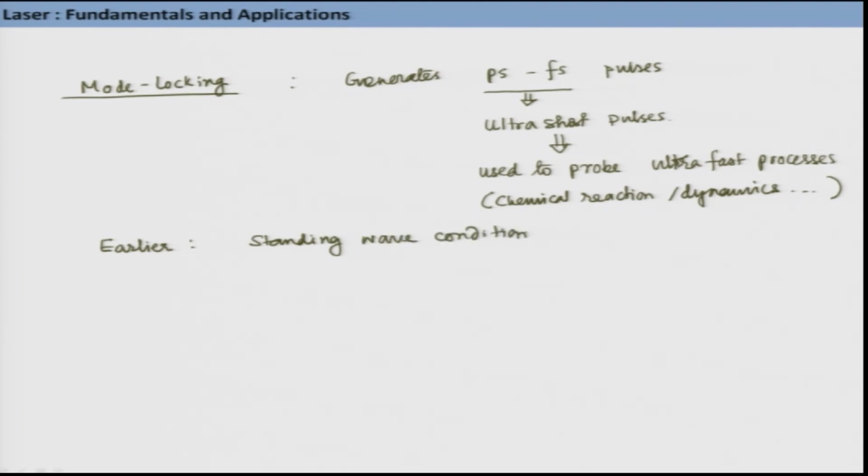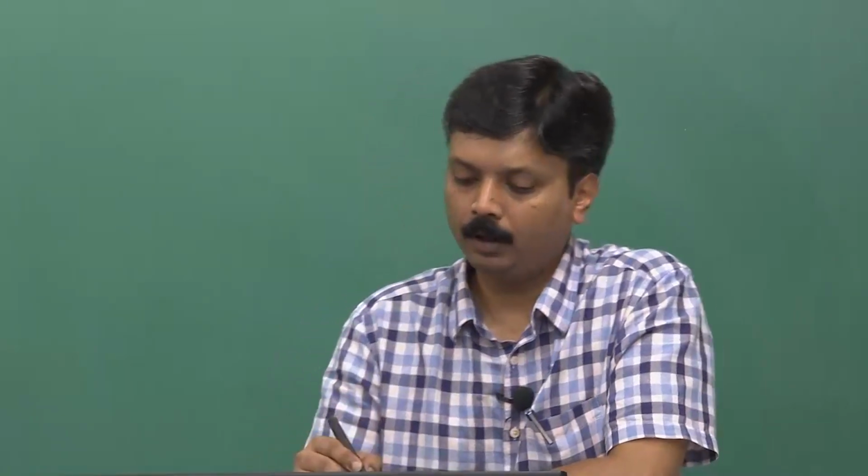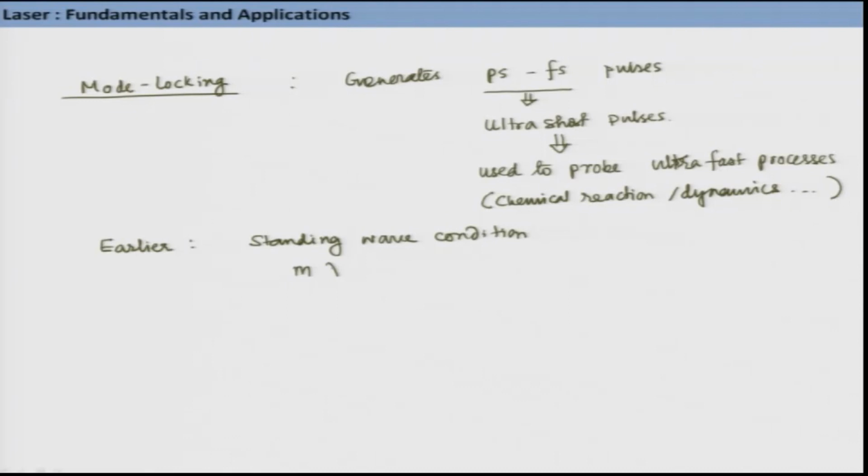What is the condition? That not any wavelength can be sustained in a cavity, there has to be a particular relation fulfilled. That is given by m lambda equal to 2L, where m is the order of mode, particularly longitudinal mode, and L is the cavity length.